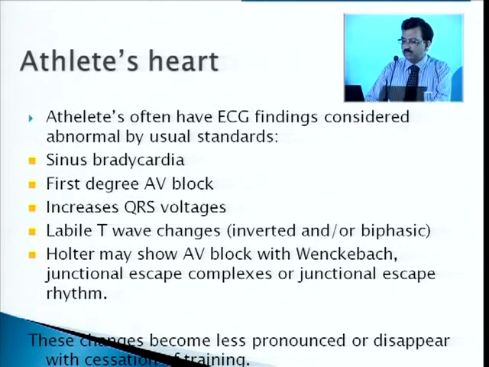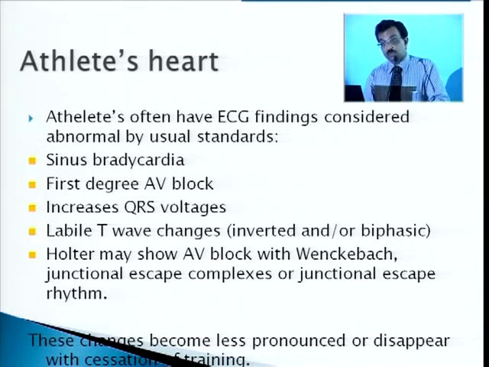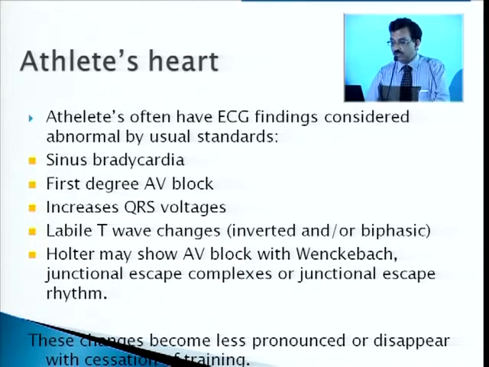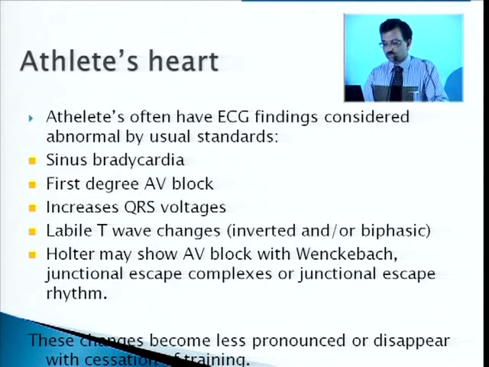At the same time, these athletes have varying types of ECG findings. They can have sinus bradycardia, first degree AV block, increased QRS voltages, and labile T inversions and biphasic T waves are all present in athlete's heart.